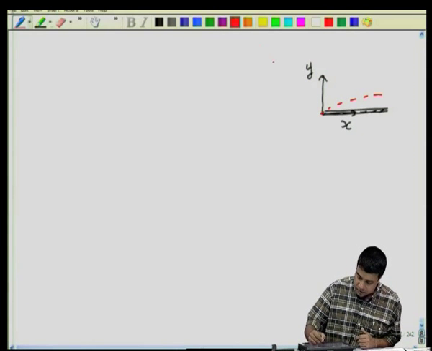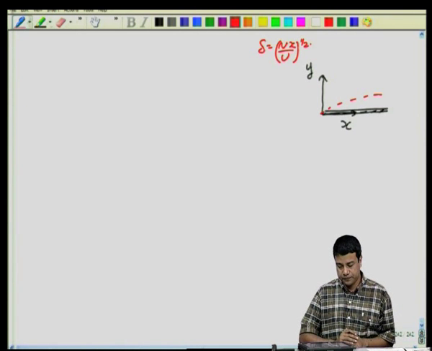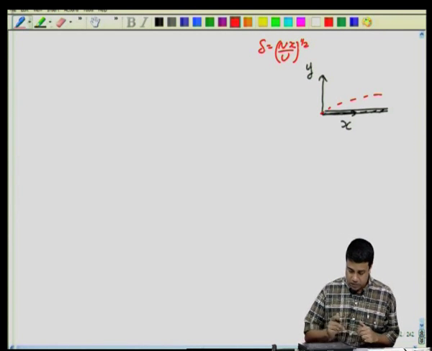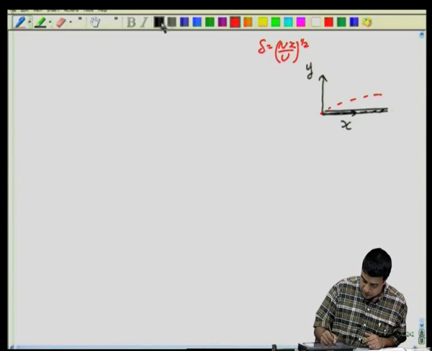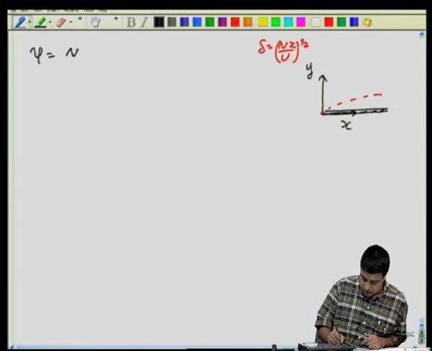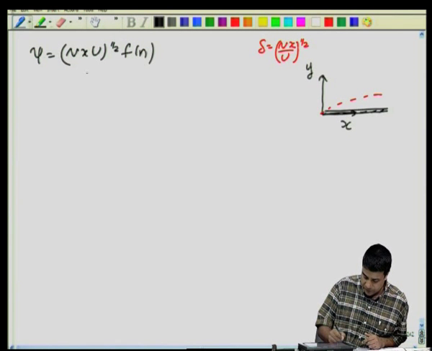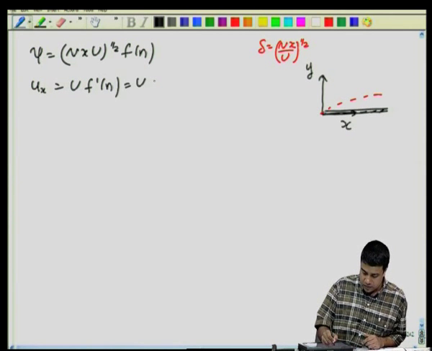The boundary layer thickness was delta equal to nu x by U to the power half. The solution for the stream function psi is equal to nu x U to the power half times f of eta, and u x is equal to capital U times f prime of eta, just U df by d eta.